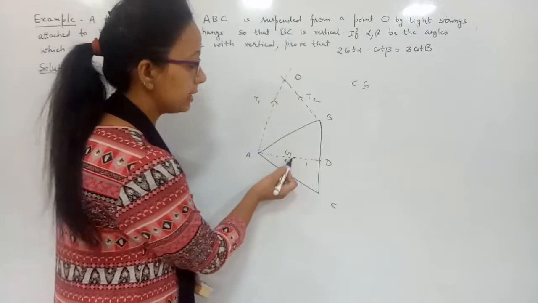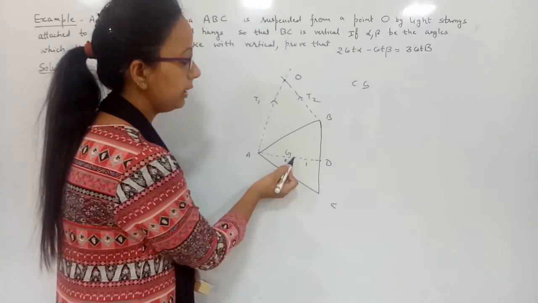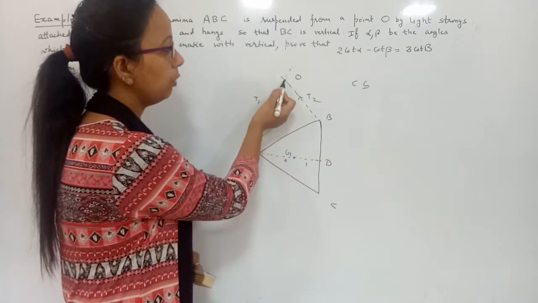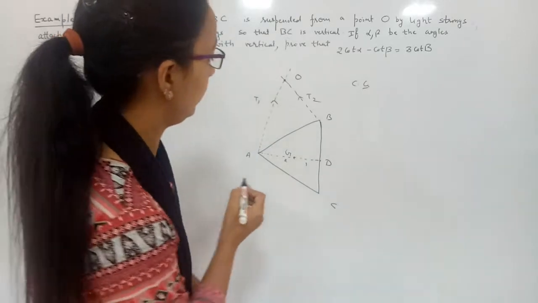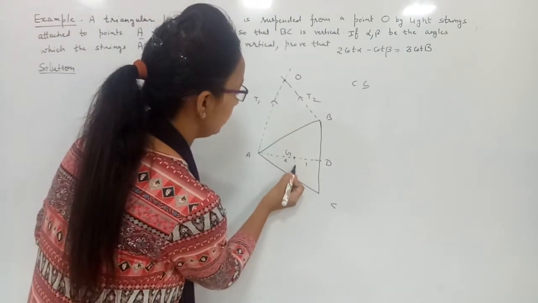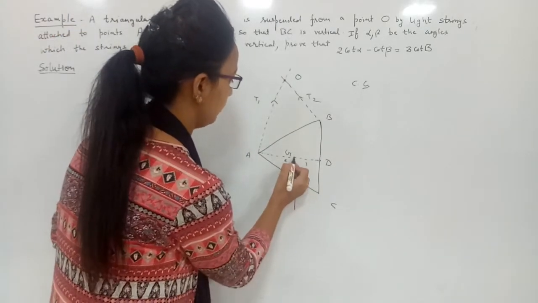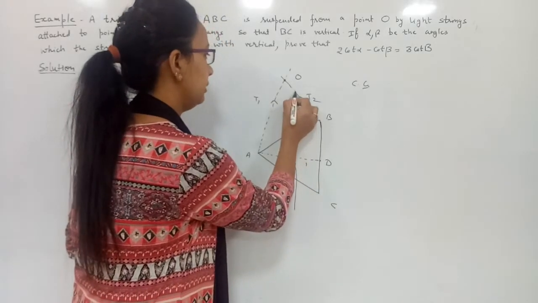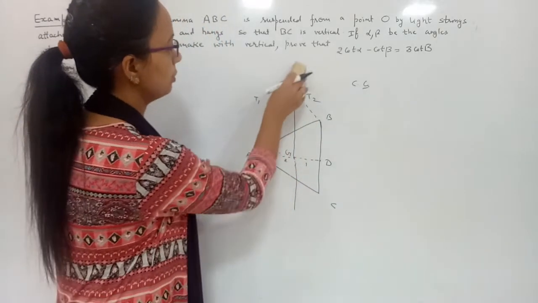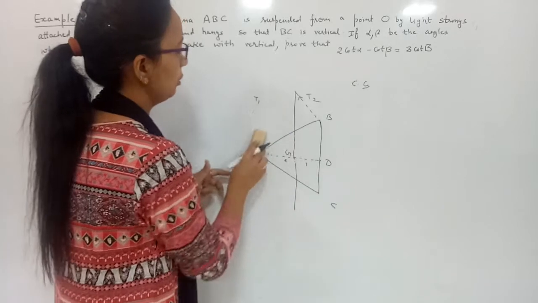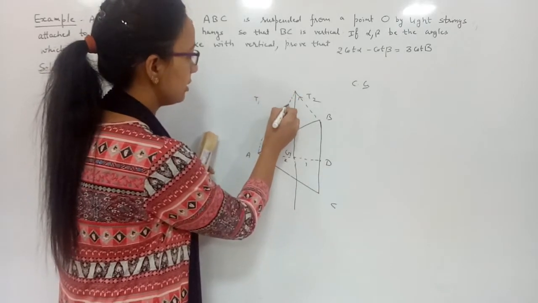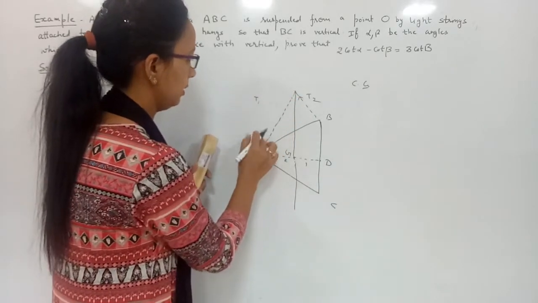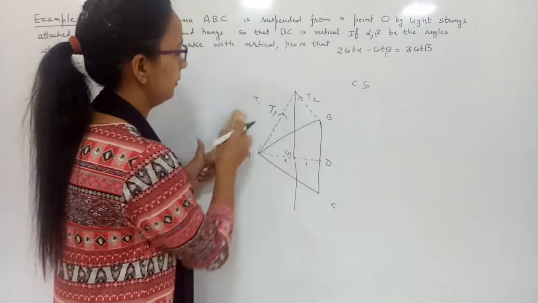But we have to draw the weight such that if we produce the weight backwards, it intersects at point O. And if it is not doing that, then we will adjust it like this. So here we have the weight, but see, it does not intersect, so we adjust it. We'll draw these two tensions like this, this is our T1.